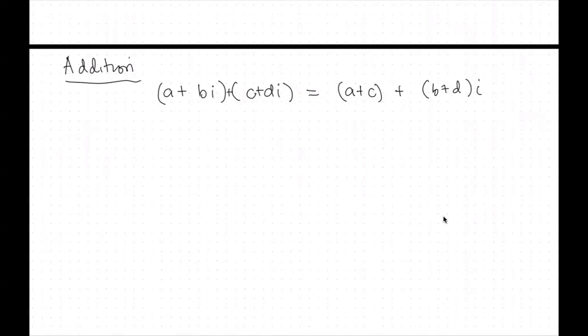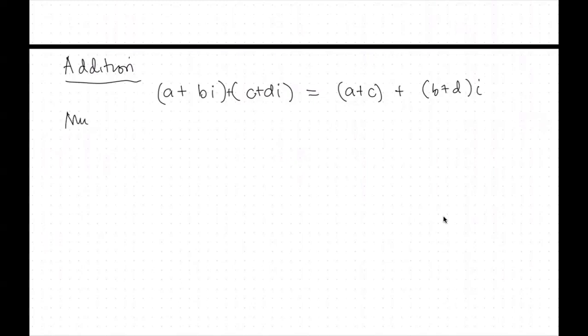If we have a plus bi and c plus di complex numbers, the sum is a plus c as our real part, and then the imaginary part will be b plus d.